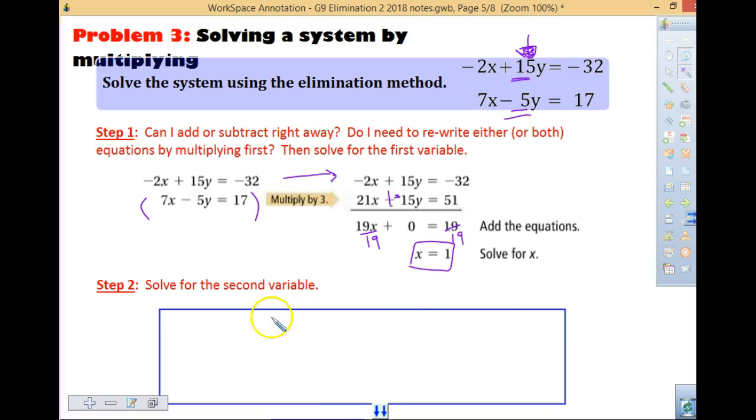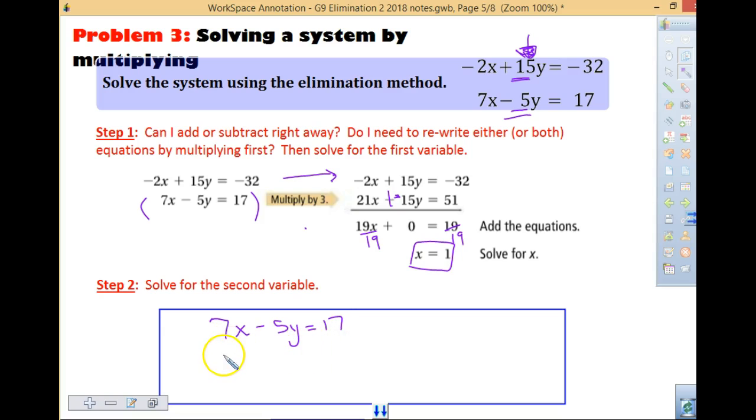Now we need our second variable. You have to go back to the original equations. If we are taking a look at our original equations, first or second one, which one do you think, Hayden, looks better? Second one. So we're going to write down 7x minus 5y equals 17.